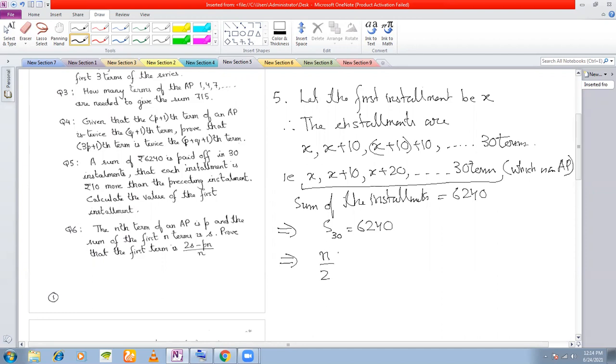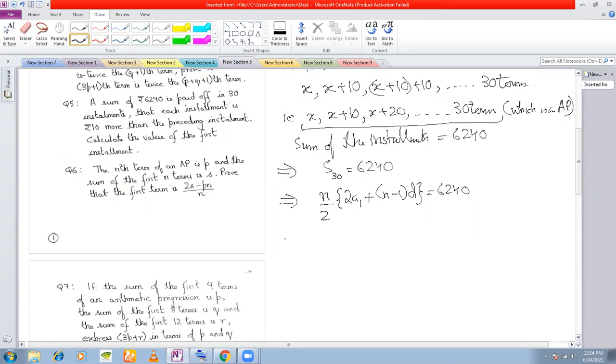N by 2 into (twice A1 plus (N minus 1) into D) is equal to 6,240, right? N here is 30 because you want to sum up till 30 terms. Twice A1, A1 here is X, plus N is 30. And what is the common difference? 10, right?